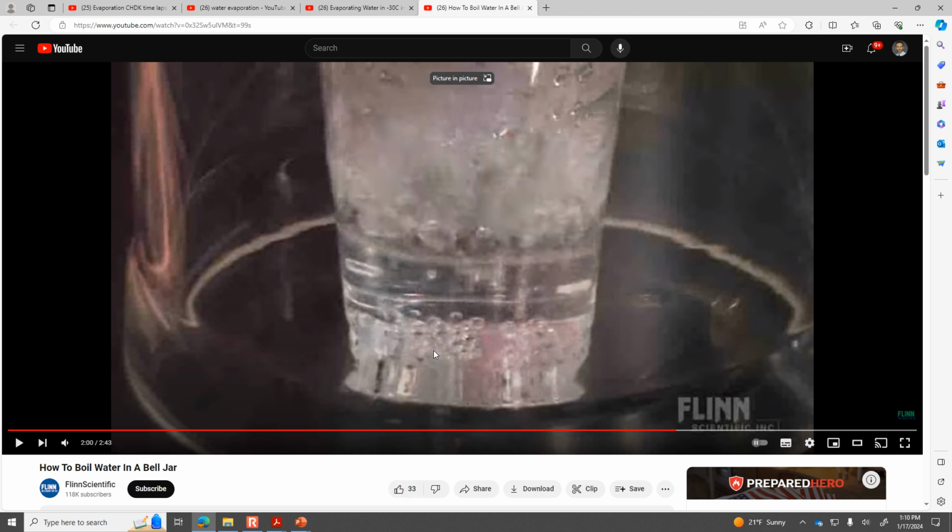We don't often see reductions in pressure causing boiling except in the case of cavitation. Cavitation happens on boat propellers or sometimes in pipes that take water through a dam.